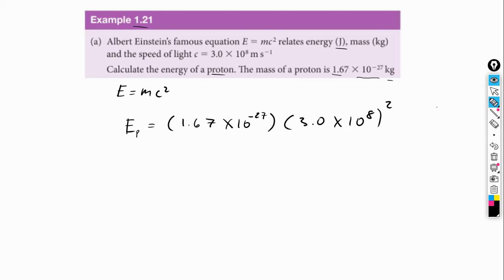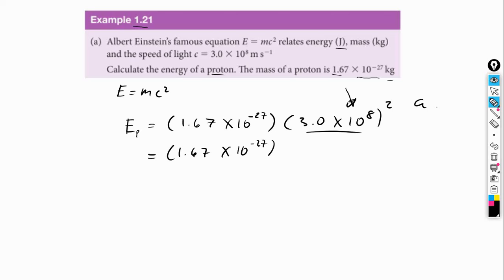Well, from order of operations, we would have to do this first because it's to the power of 2. So let's rewrite this as 1.67 times 10 to the minus 27, and this times this number squared. So here we use this rule.